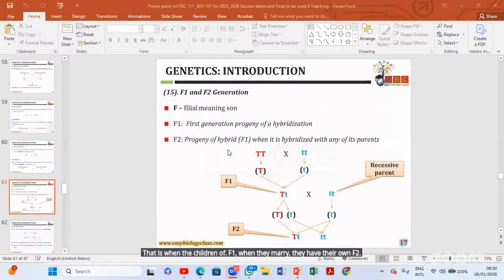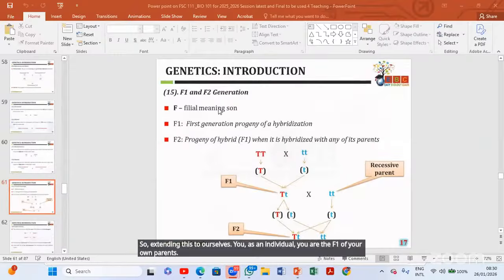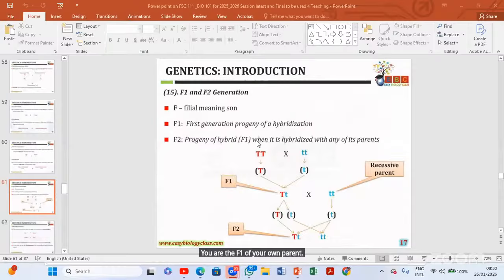So in extending this to ourselves, you as an individual, you are the F1 of your own parent. So when you have your own children, your own children will be F2 to your parent, but they will be F1 to yourself. So that's filial generation.